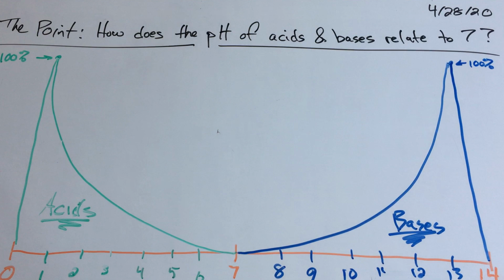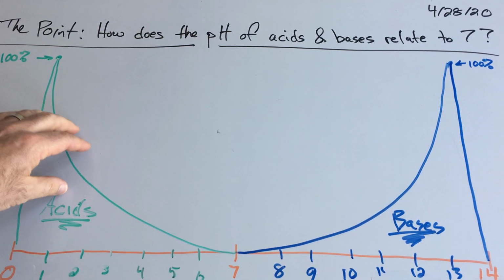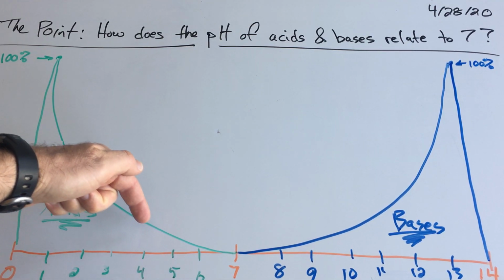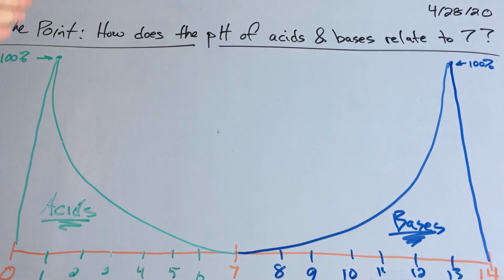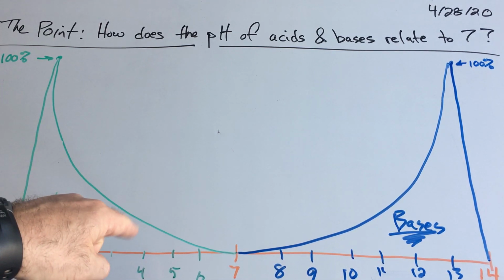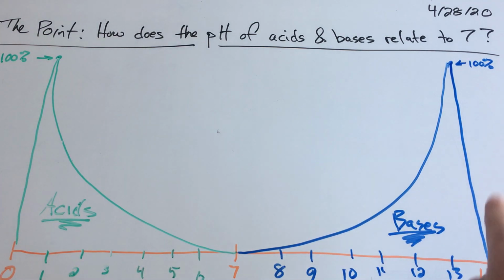And then you'll see that we don't get about halfway up until we're way down by 1. So, slightly acidic, more acidic, but once you get down to 0 and 1, now we really need to worry about ourselves and be very careful. Over here, now you're talking more like lemon juice, right? Base is the same way.